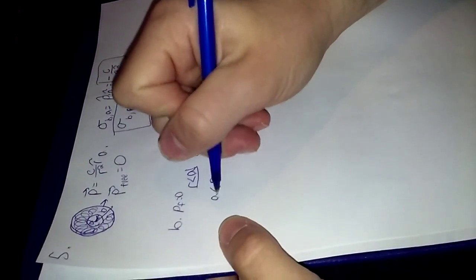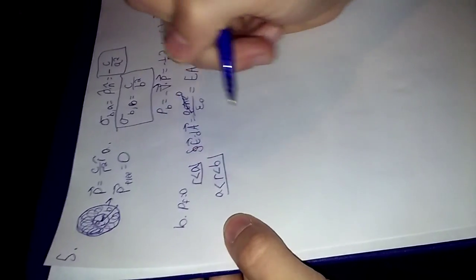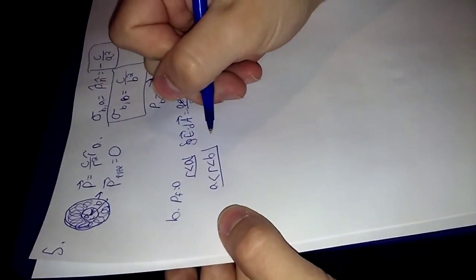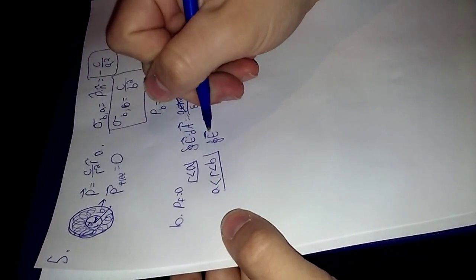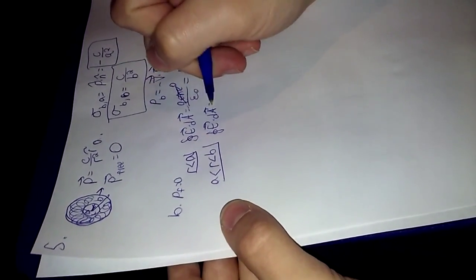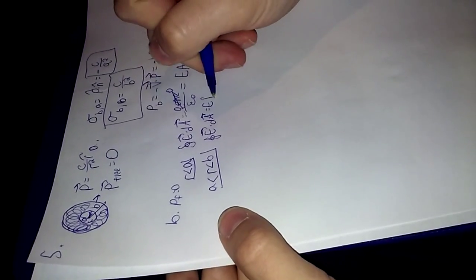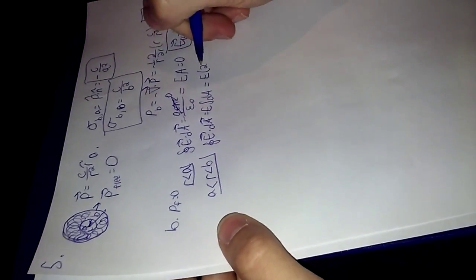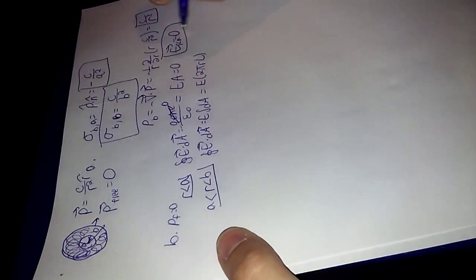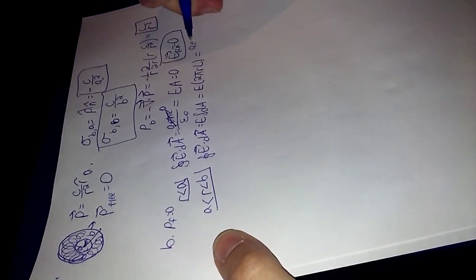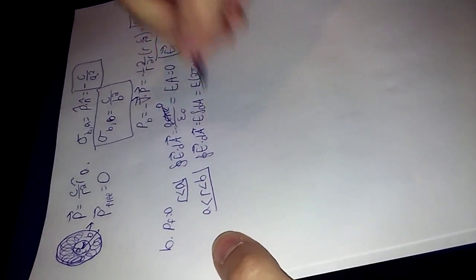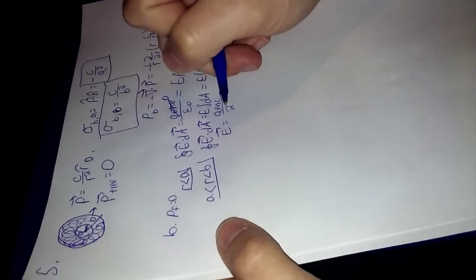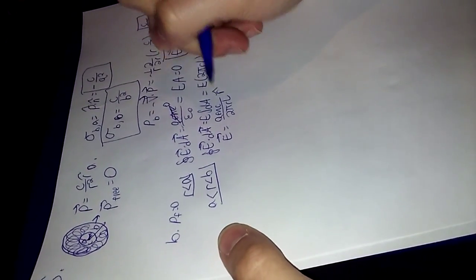So now we go to R greater than A less than B. So integral E dot dA equals E integral of dA, which equals E times 2 pi RL, which is equal to Q enclosed over epsilon naught. E equals Q enclosed over 2 pi epsilon naught RL in the R hat direction.